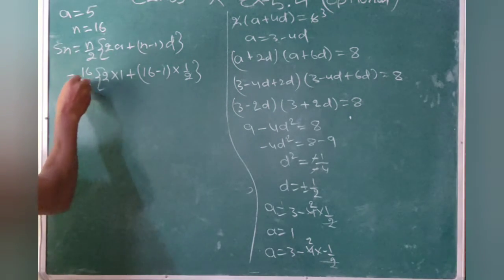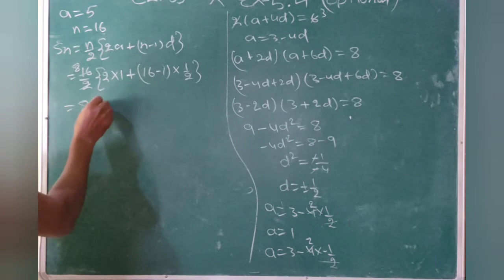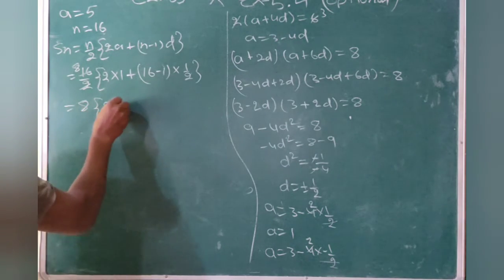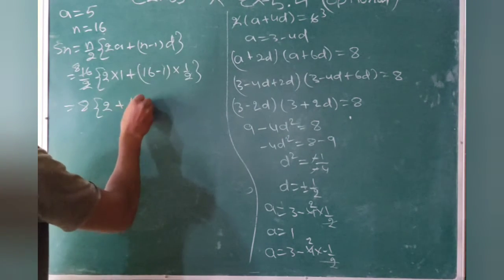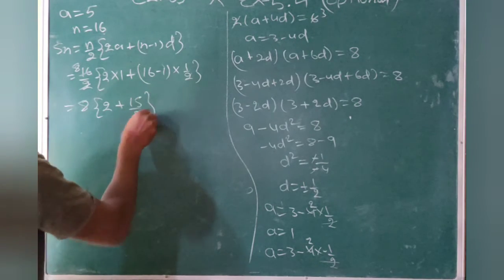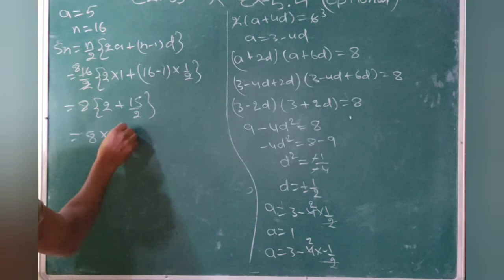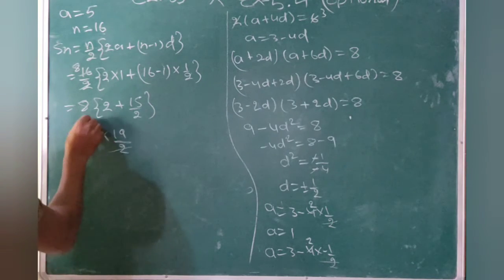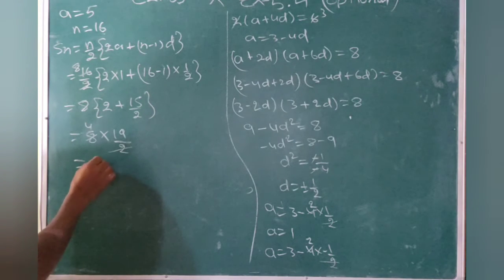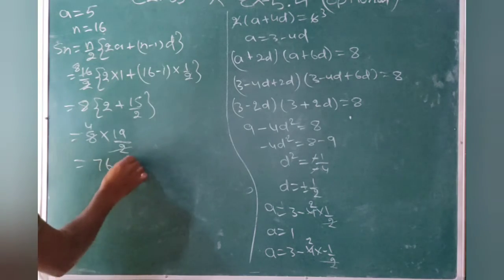Next 2 8 is 16. So 8 into 2 plus 15 upon 2. So 8 multiply 19 upon 2, that 4 ja 76.